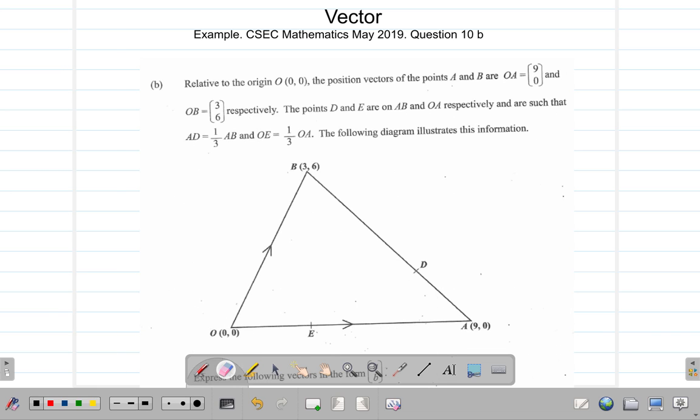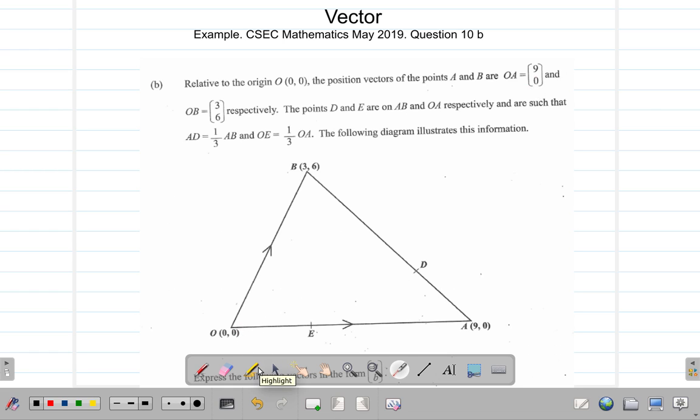So, relative to the origin O, that is the origin, 0, 0. The position vectors of the points A and B, right here, are OA, which is (9, 0).